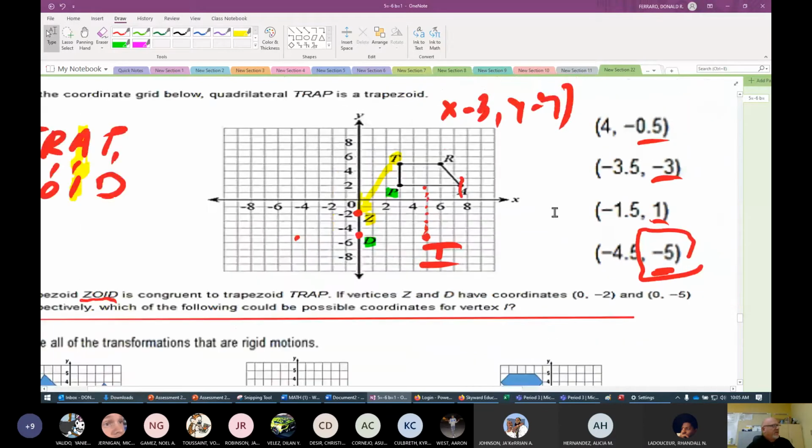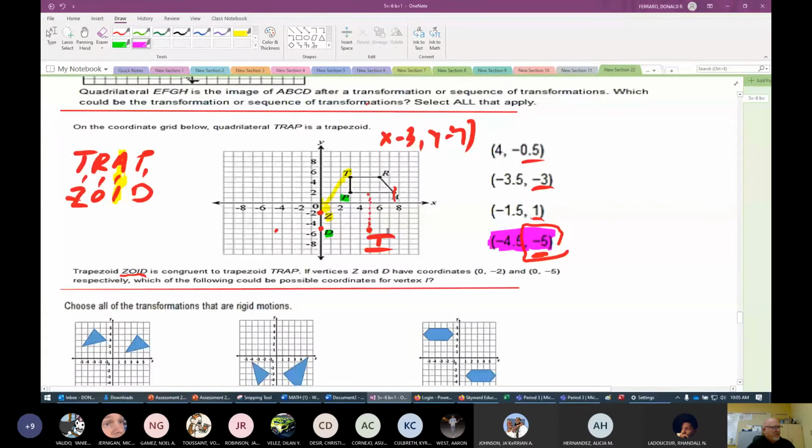The answer here is going to be 4.5, -5. The 4.5 is the difference between the P and the A. So anyway, that's what it has to be.